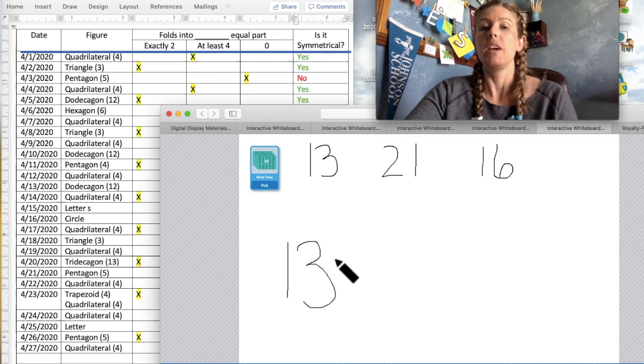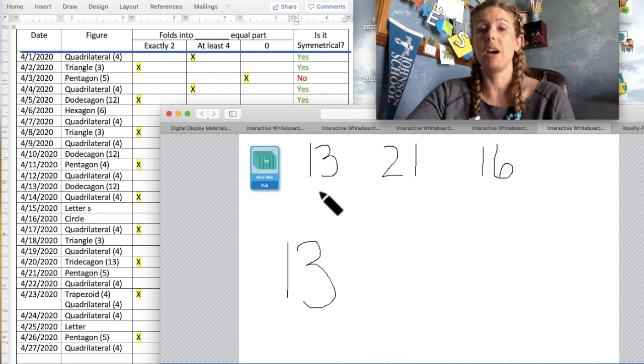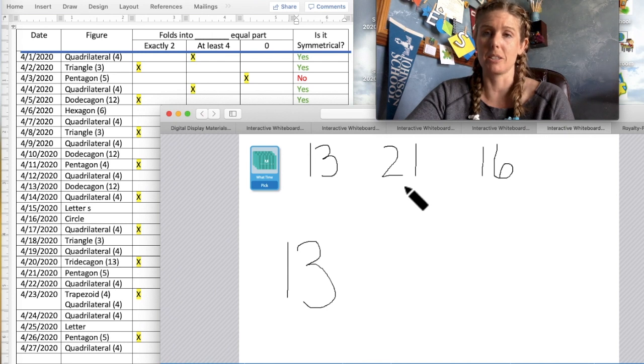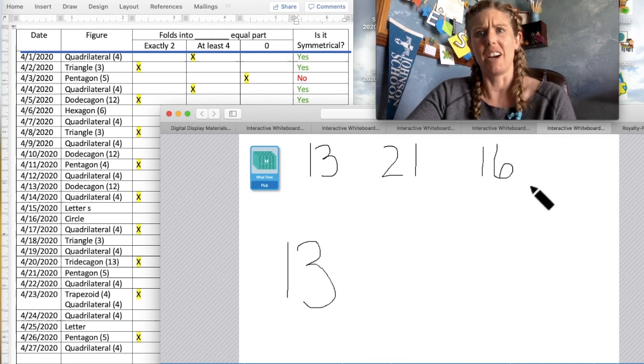And now, if we were looking at the middle number, what would come next on our number line? Would 16 come next, or would 21 come next? So with your finger, I want you to point to which number is going to come next in order. If you are pointing at 16, you are absolutely correct. Nice job, genius mathematicians.